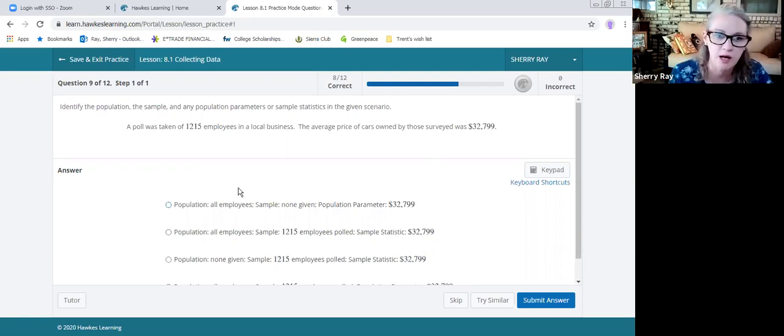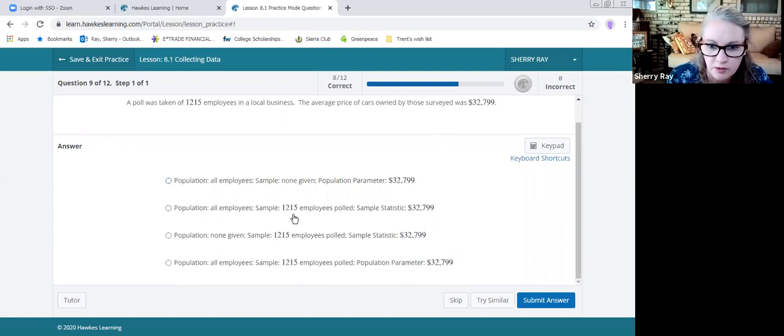Okay, so our population would be all the employees. We're looking at the 1,215 polled. So it's got to be either this one or this one. The average price of cars owned by those sampled. Okay, it's talking about that particular sample, so that's a sample statistic.